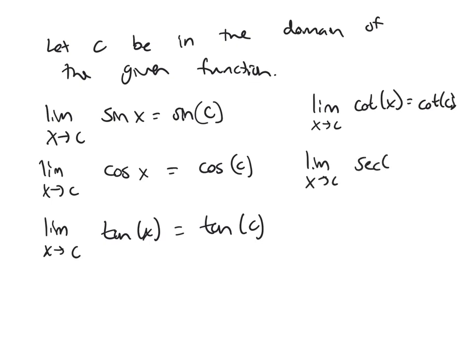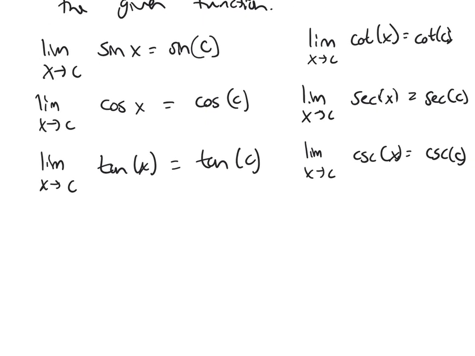You have secant of c, that should be an x there, sorry. And then you also have one for cosecant. So as long as c is in the domain for any of these 6 trig functions, you can just evaluate to find those limits.